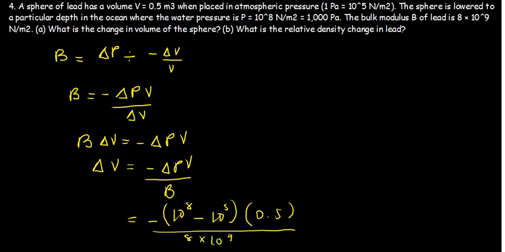So now from here, what are we going to get? Let's write it here. Change in volume is going to be equal to, and we'll just subtract 10 to the power 8 minus 10 to the power 5.